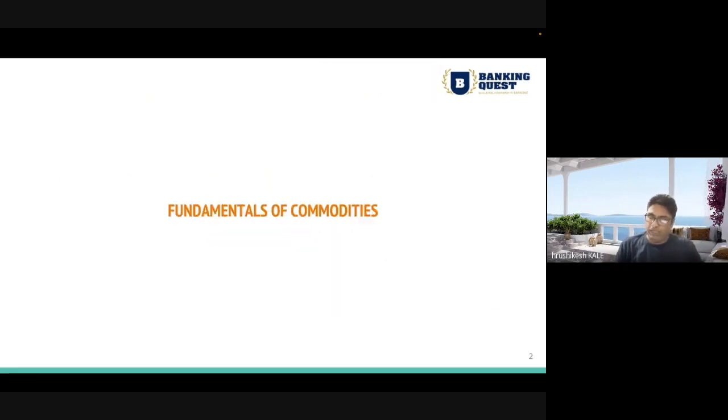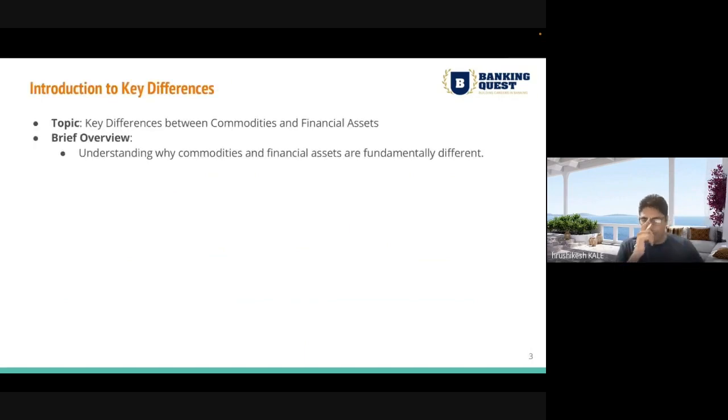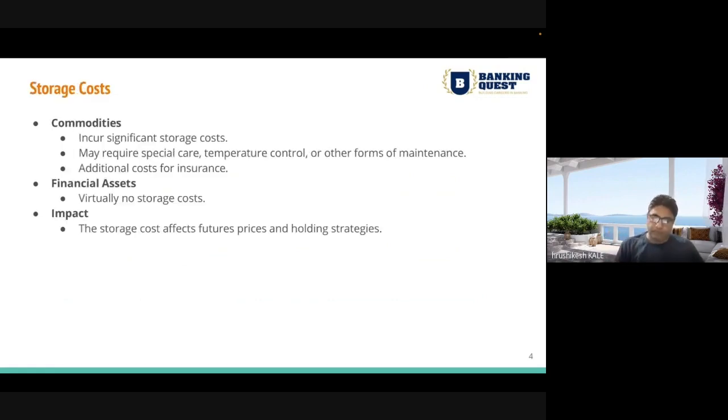Okay, let's move on. Fundamentals of commodities. I hope you know, but even if you don't, worry not, we will see. Commodity incurs sufficient storage cost, may require special care, temperature control, or other forms of maintenance like pest control and all that.